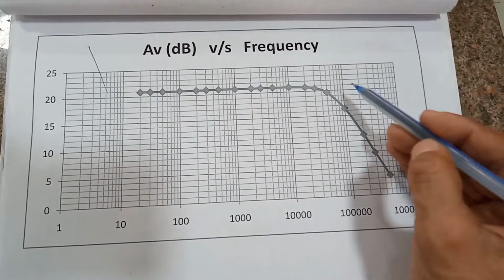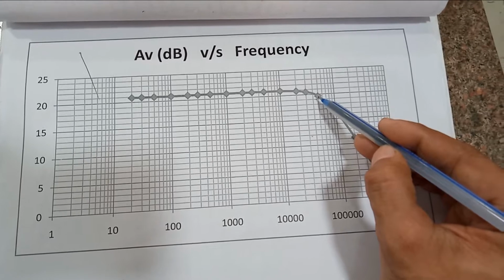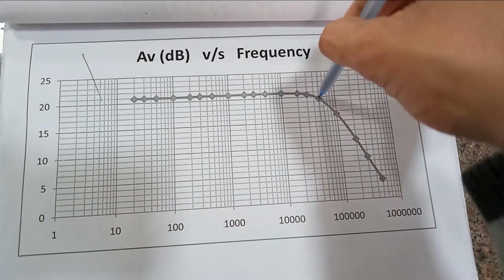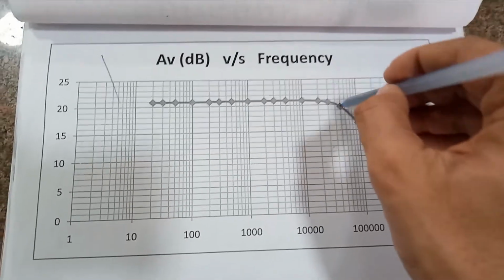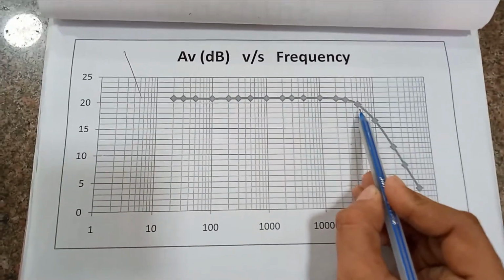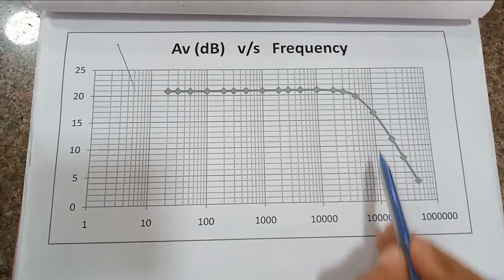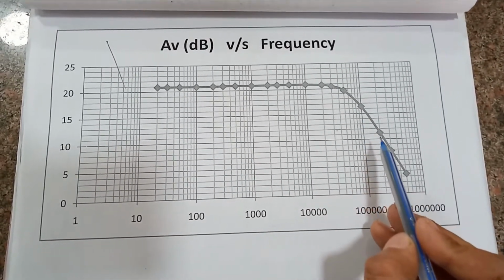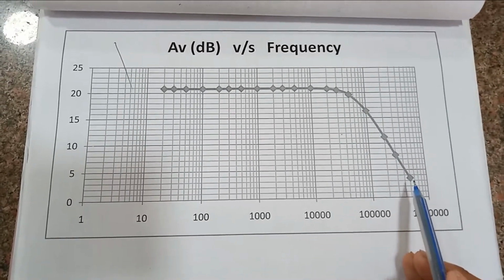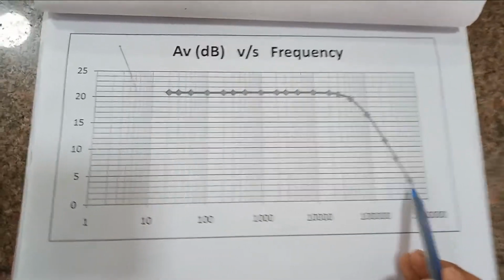Now at this point you can see the operational amplifier's working is going down. It is not able to amplify this signal. As you increase the frequency, the performance of the operational amplifier is reducing. The performance of the amplifier is getting decreased, right?